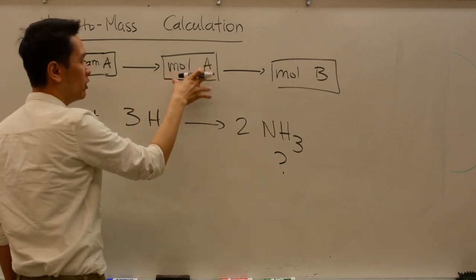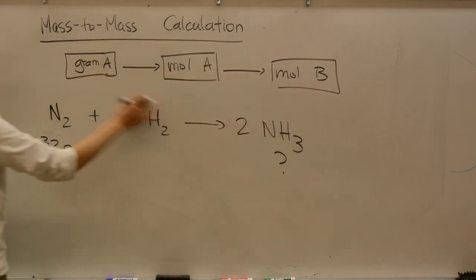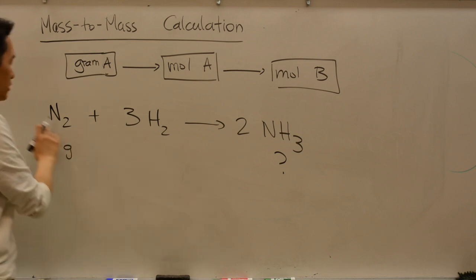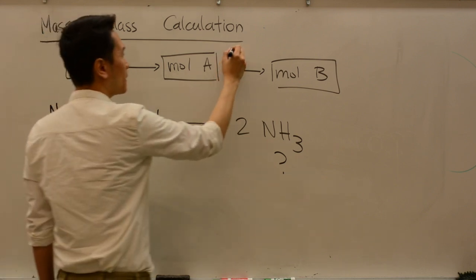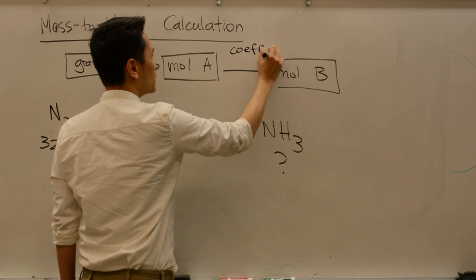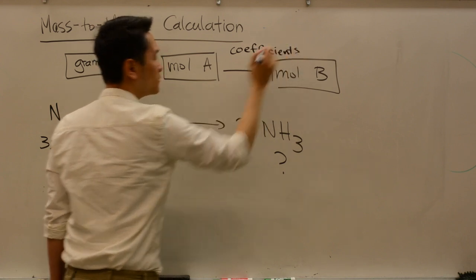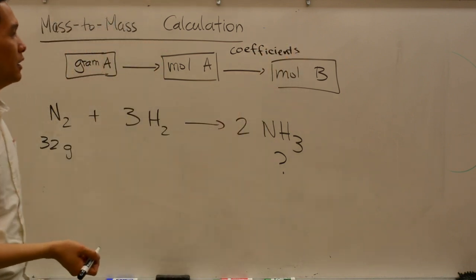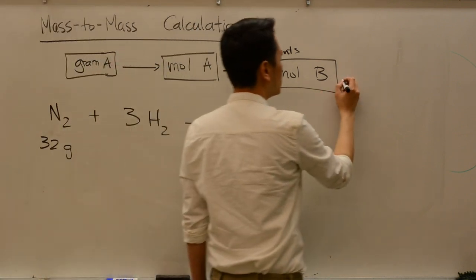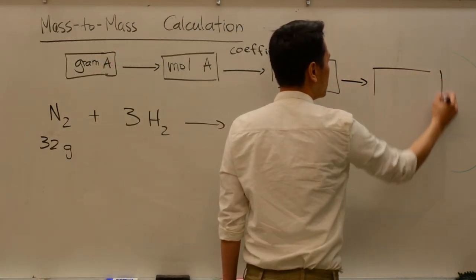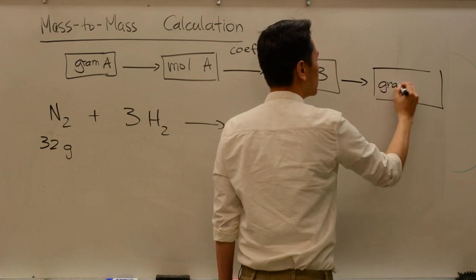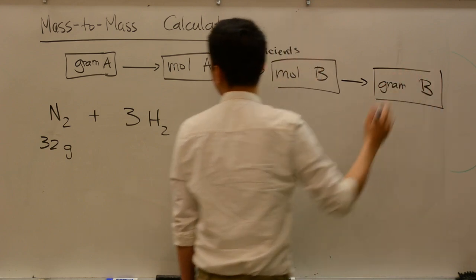You can convert moles of A to moles of B using the balanced chemical equation, so using the coefficients. Once you have the moles of B, the last step is to convert that into grams of B.